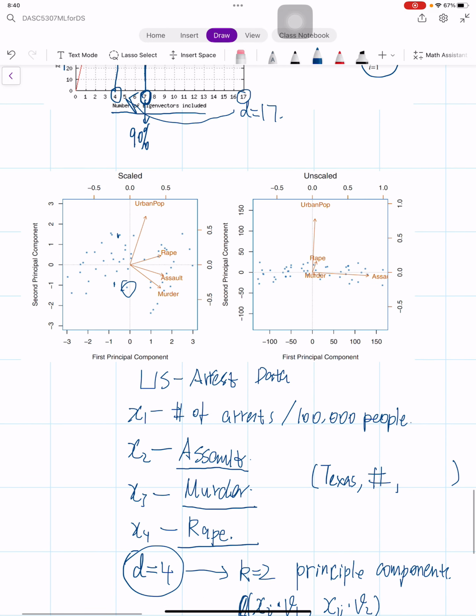So what do these brown arrows represent? They represent eigenvectors. Once you obtain the design matrix X transpose X, you can find all the eigenvectors, right? So you find the first principal component vector v1. If you check the textbook, it's on table 12.1.